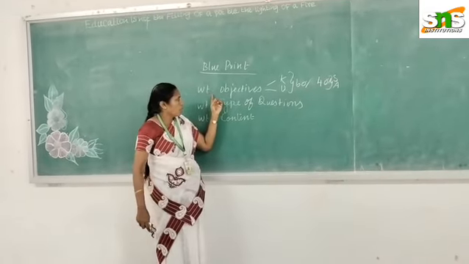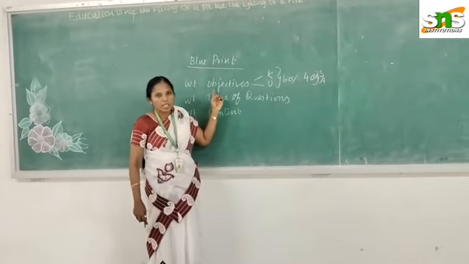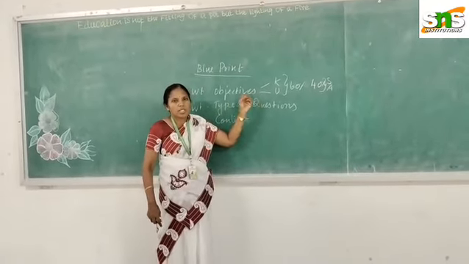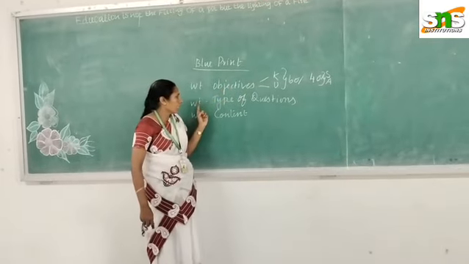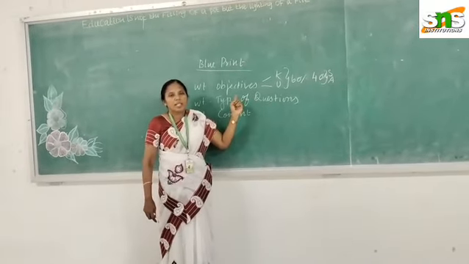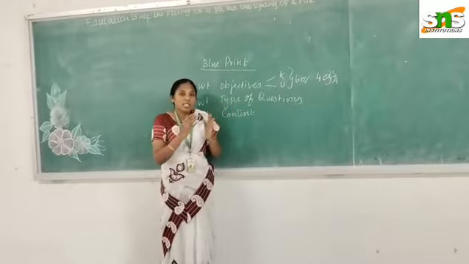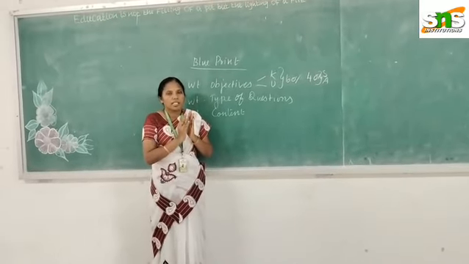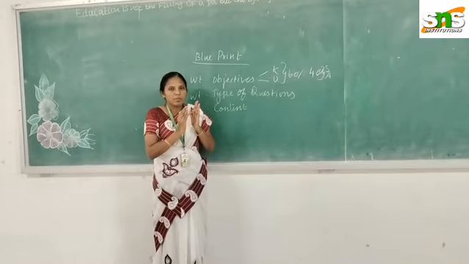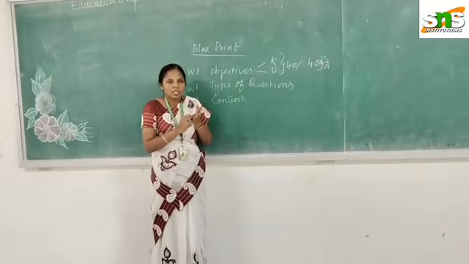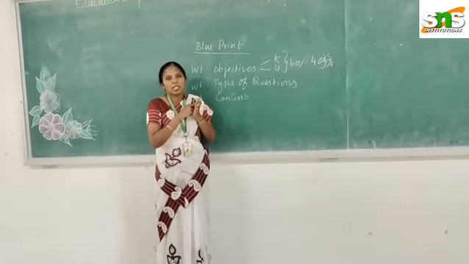I hope you all understand the weightage to the objectives when you are preparing the question paper. Next is weightage to the type of questions. As already studied, the test items consist of objective type, short answer, brief and essay type.